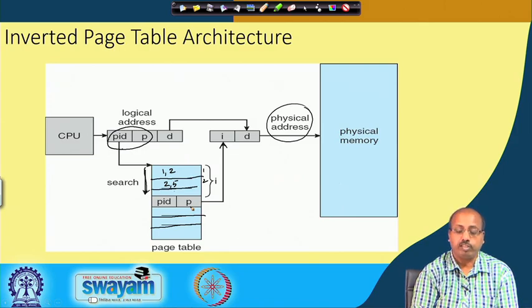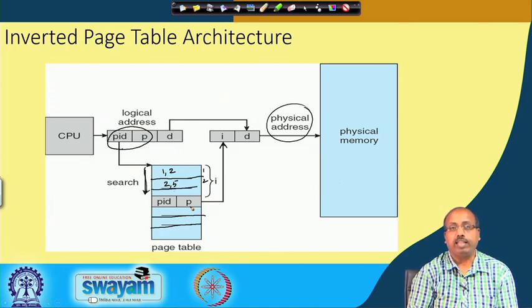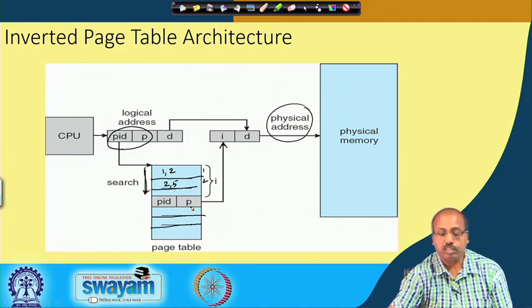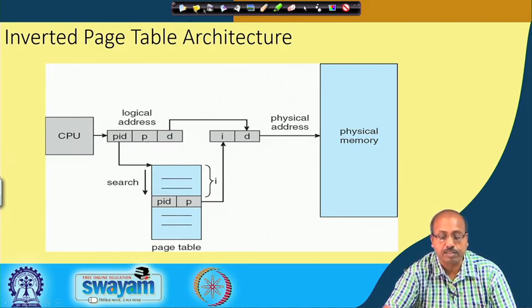All those things are to be resolved, but whatever we do, ultimately we have to locate this PID P combination in the page table, and if it is residing at entry I of this page table, then I is the corresponding frame number. So, this is how we get the physical address for a logical address.